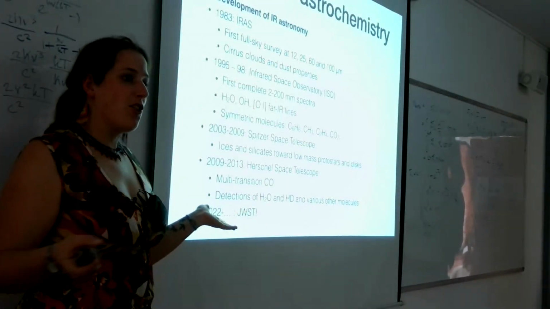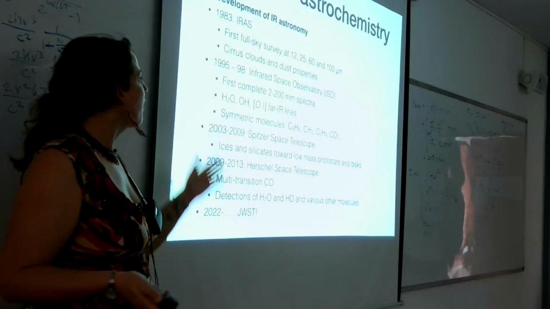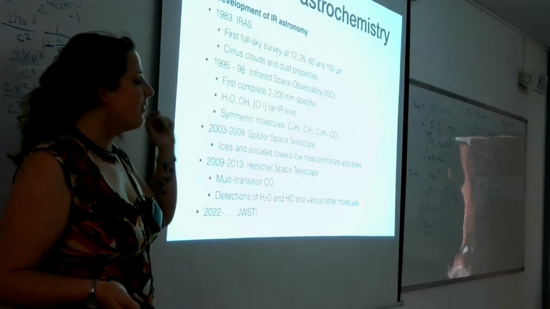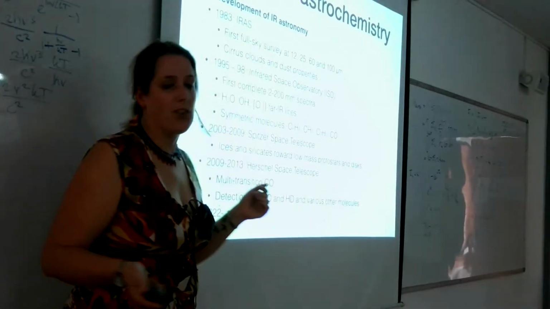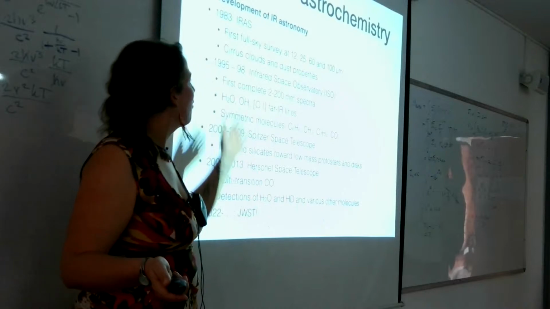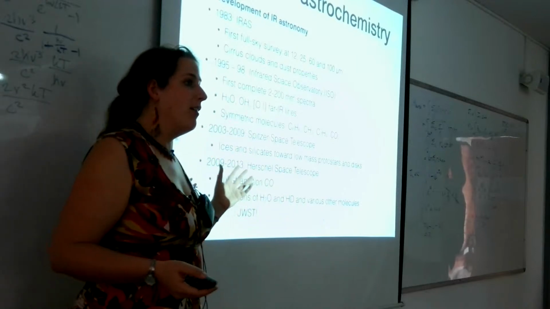And of course, with the launch of JWST, we hope to find even more molecules in the infrared in the future. But in this talk, I will only focus on the millimeter results, the ALMA results. But just so you know, infrared is really significant as well.